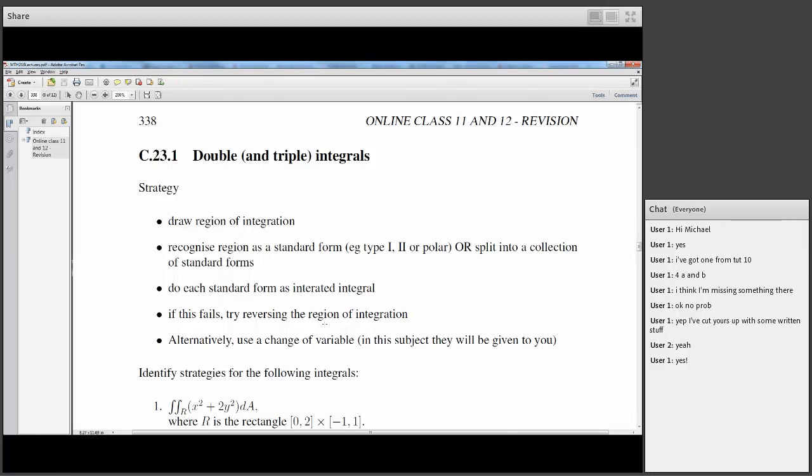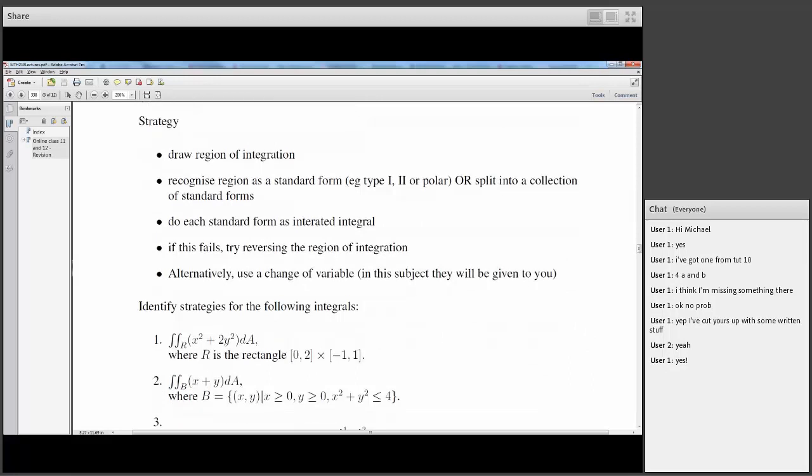Another choice, which in your exam will be told to you quite clearly if you have to do it, is to use a change of variable. The question would mention, this is the change of variable, do it by this method. So at least that one you'd have to think about it, but you still have to do it. So that's the basic plan of attack.